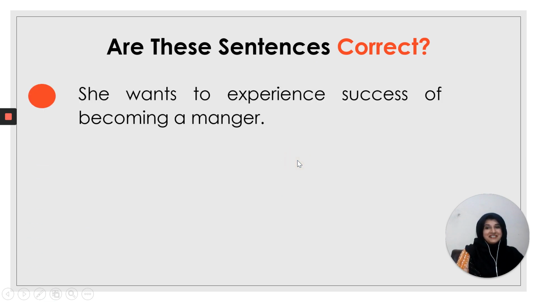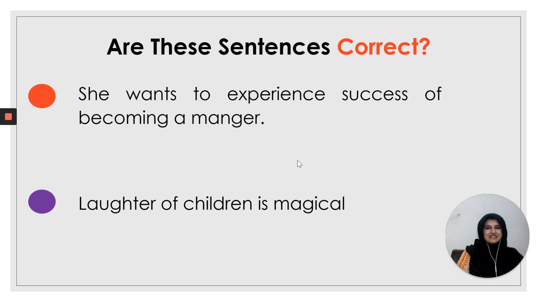Okay, now it's your turn. I told you many examples, and now you will tell me whether these sentences are correct. The first sentence is, "She wants to experience success of becoming a manager." What should it be? "She wants to experience success" or "She wants to experience the success"? Think about it.